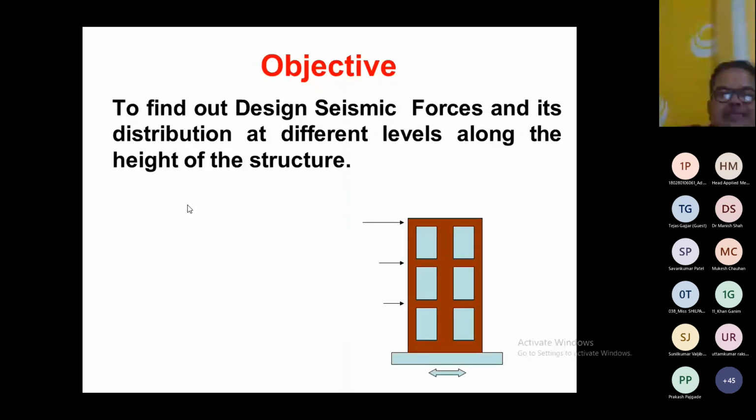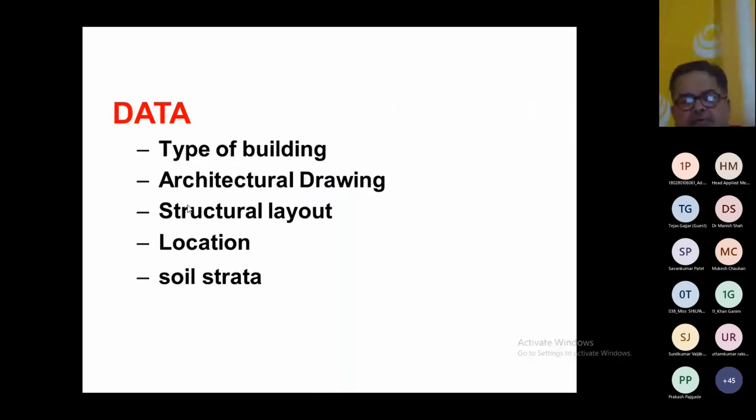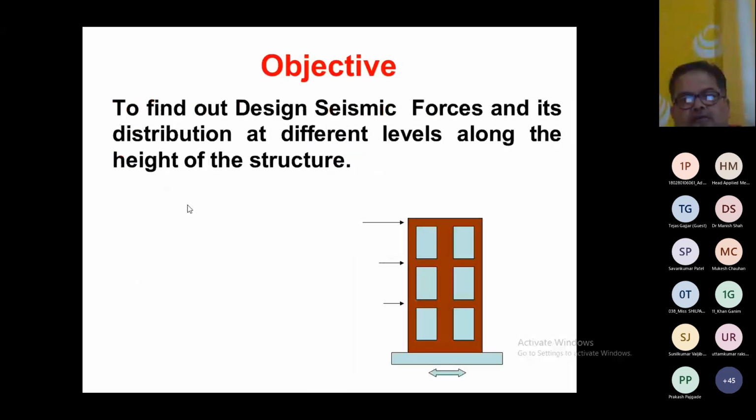If it is a 20-story building, then it is very difficult to analyze by means of analysis methods. So the code has given some simple methods for the analysis, and we're going to discuss that part.